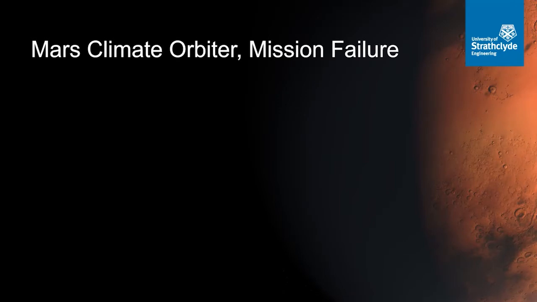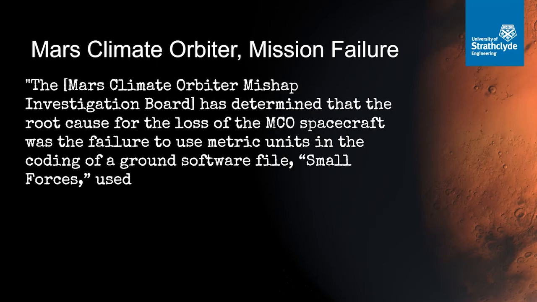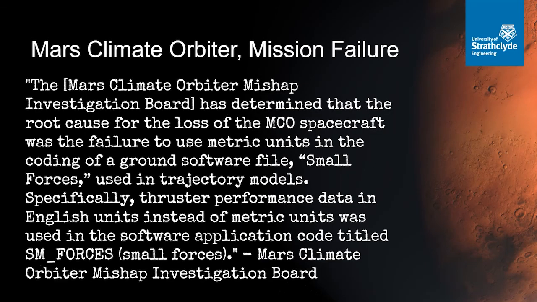Let's take the example of the Mars Climate Orbiter as a real-life example that really indicates how important units are. In the Mars Climate Orbiter Mishap Investigation Board's investigation, they had this to say in their final documentation: The Mars Climate Orbiter Mishap Investigation Board has determined that the root cause for the loss of the MCO spacecraft was the failure to use metric units in the coding of a ground software file, small forces, used in the trajectory models.